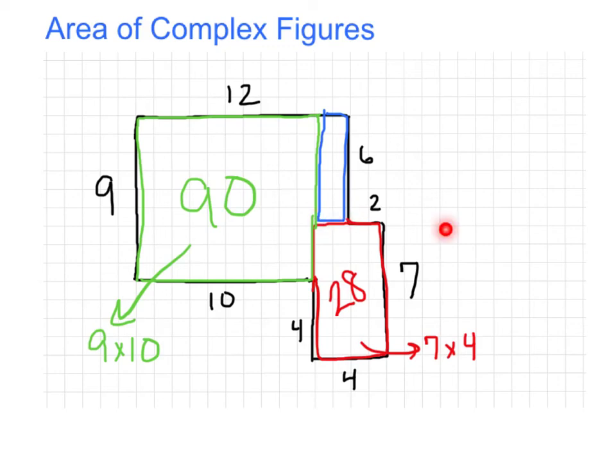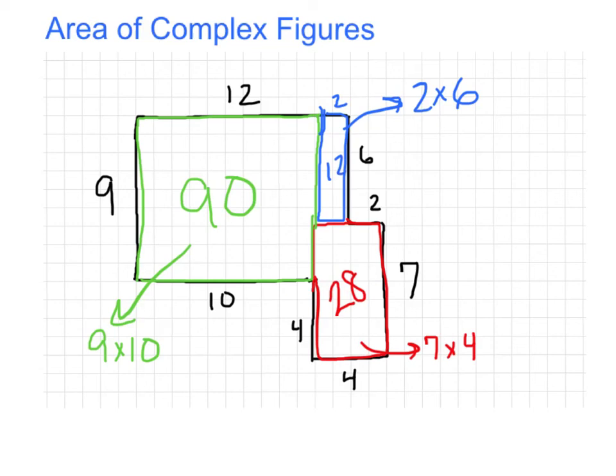But if this wasn't backed on the graph paper, I could still figure this out by saying this whole distance is 4, but I have to take away 2. So that would leave me with the 2 here. I could also look and say, okay, this is 10, but then in order to get the full length of 12, I'm left with 2 as well. So this would give me a 2 by 6 rectangle, which would give me 12.